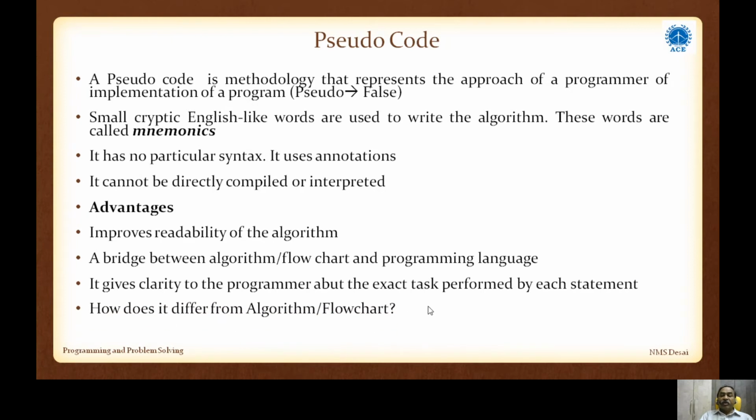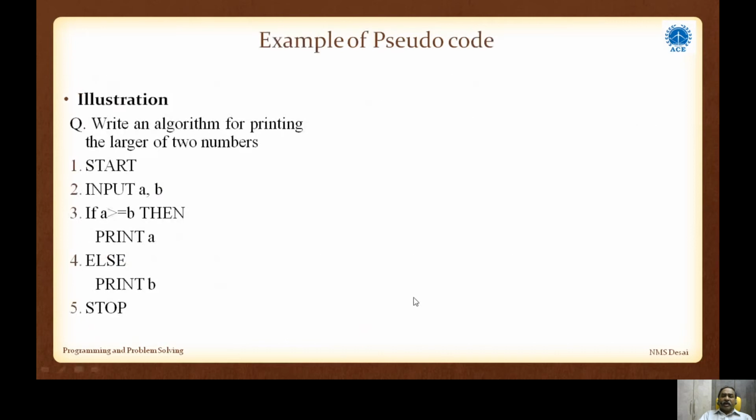How does it differ from algorithm and flowchart? As I said, algorithm and flowchart have certain standards. They are used in a similar fashion throughout the world. But pseudocode is purely the user's or developer's domain. He can have his own way of writing the pseudocode. We'll take an example again.